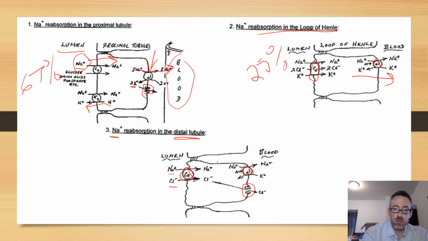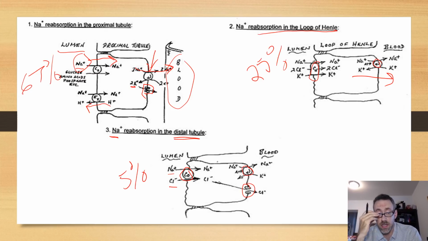Now in the distal convoluted tubule, you're looking at maybe another 5%. The only part I haven't shown you right here is the collecting duct, only because the collecting duct is going to have specific cell types that we're going to have more control over in terms of hormonal control. Up until this point, the proximal convoluted tubule, the loop of Henle, and at least the early part of the distal convoluted tubule are fairly fixed in terms of how they operate.